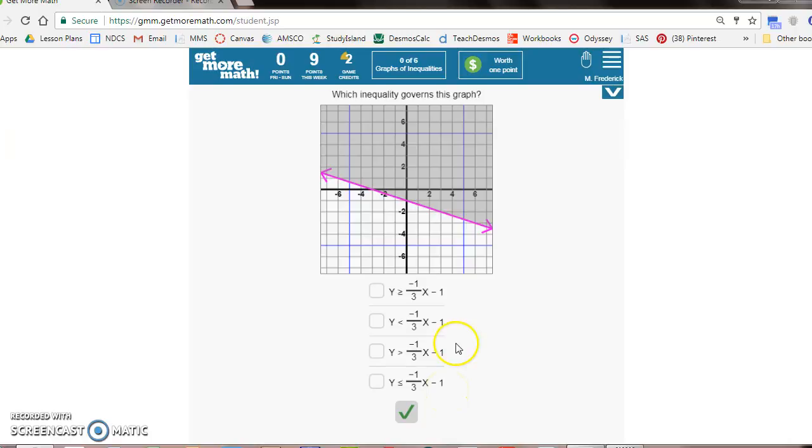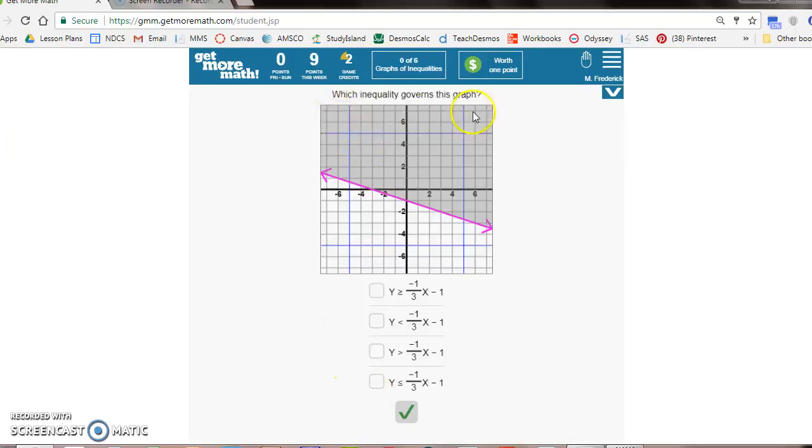The next point that we need to take a look at here is that the graph of our line is solid, and that will correspond to either a greater than or equal to or less than or equal to. So here we are now looking at either the first answer or the second answer.